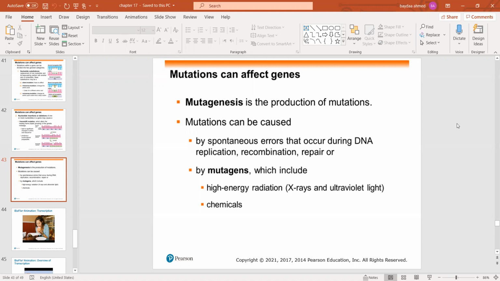Otherwise, the incorrect base will be used as a template in the next round of replication, resulting in a mutation. Such mutations are called spontaneous mutations. A number of physical and chemical agents called mutagens interact with DNA in ways that cause mutations.